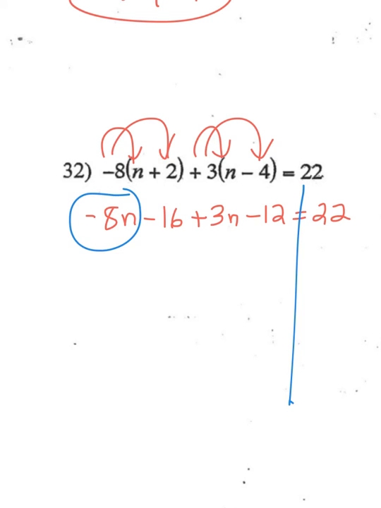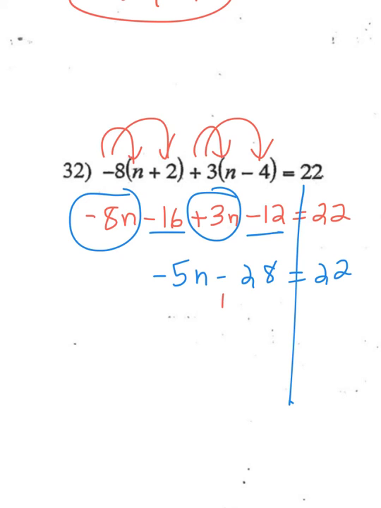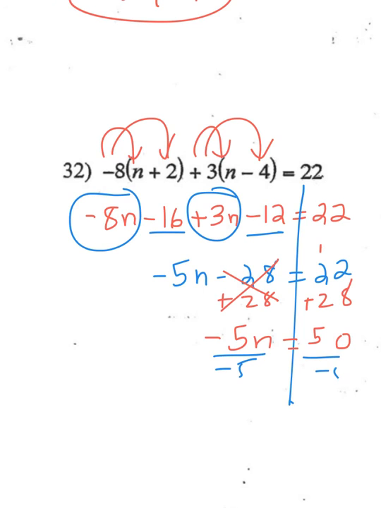So negative 8 and 3 is going to be negative 5n, and 16 and 12 is going to be negative 28 equals 22. Plus 28, plus 28, negative 5n equals 50. Divide by negative 5, divide by negative 5, 1n equals negative 10.